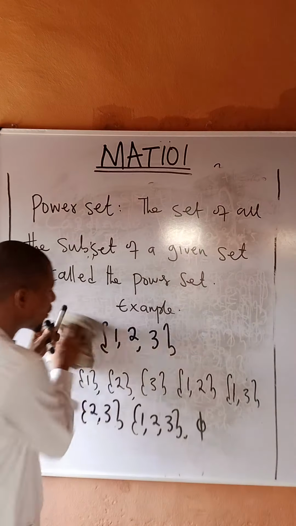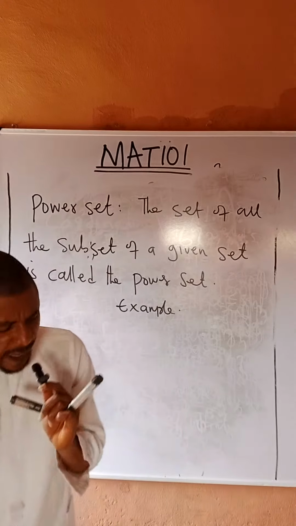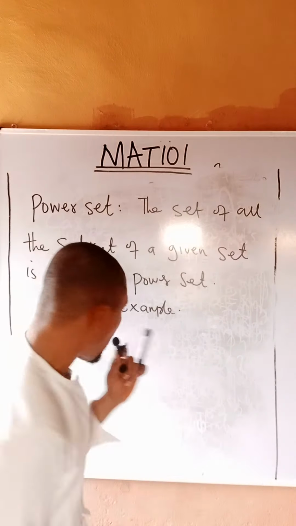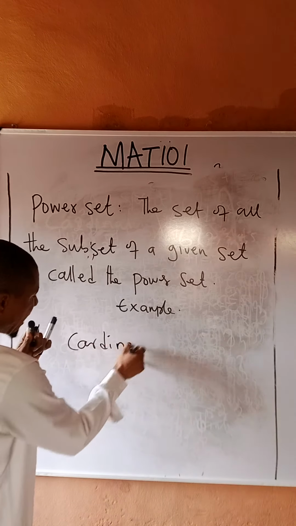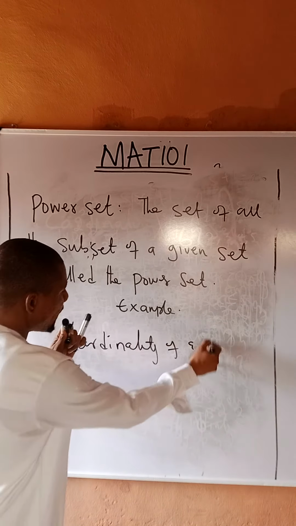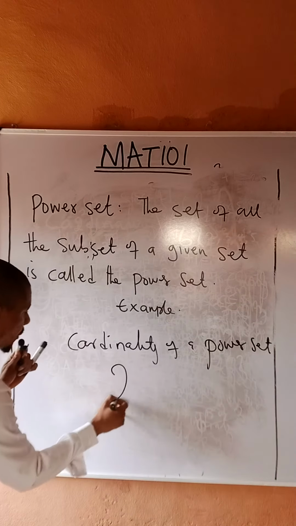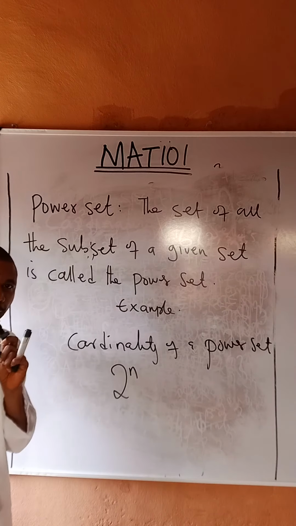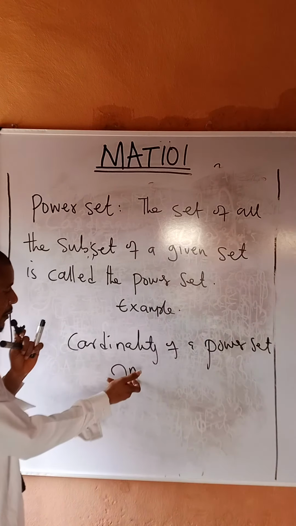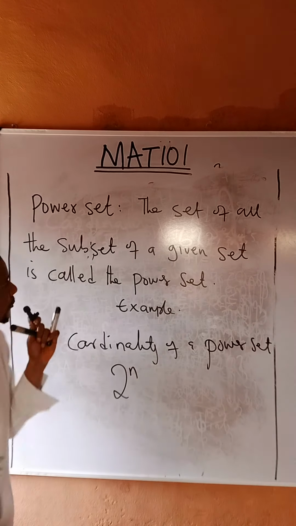And if I now want to find the cardinality of the power set, you must know that the formula for the cardinality of a power set is given as 2 raised to the power of n. This is the formula for finding the cardinality of a power set, where n is equal to the number of elements involved.